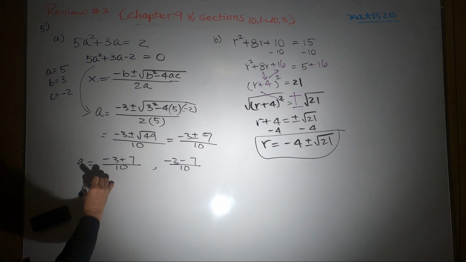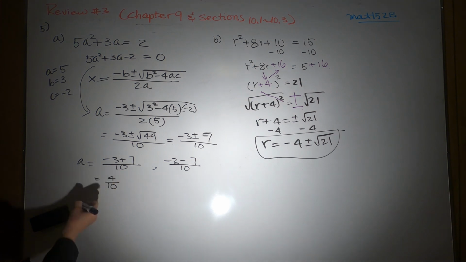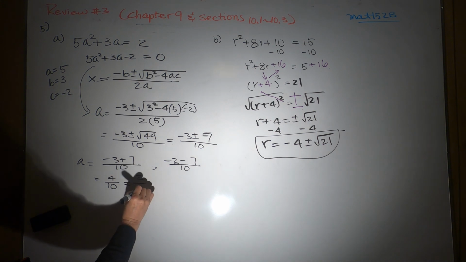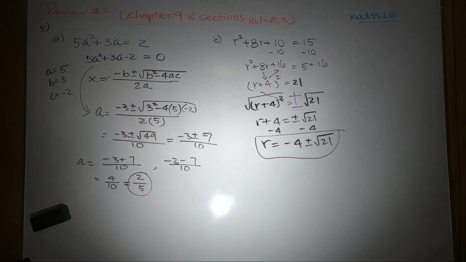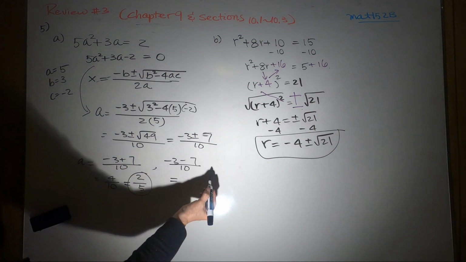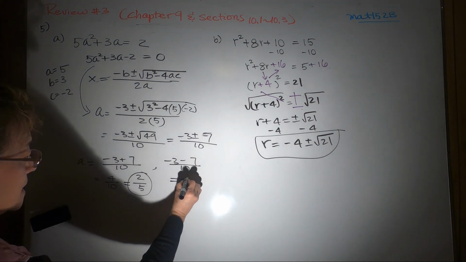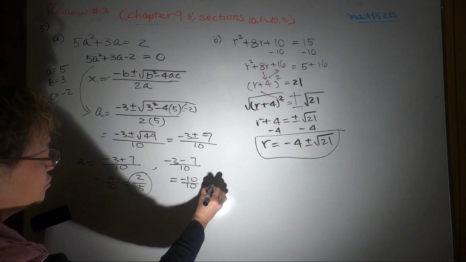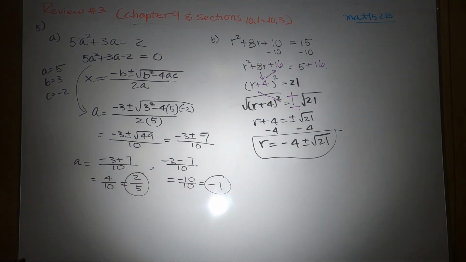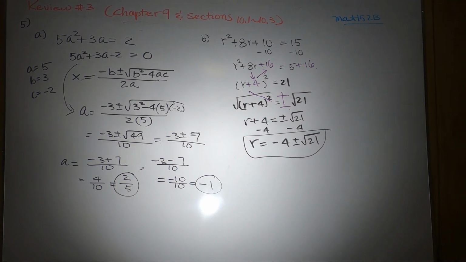That would be 4 over 10. Don't leave it there, right? Either you need to what? Simplify. It becomes what? 2/5, right? Then for this one, -3 minus 7 is what? -10 over 10, which would be what? -1. Is that right?